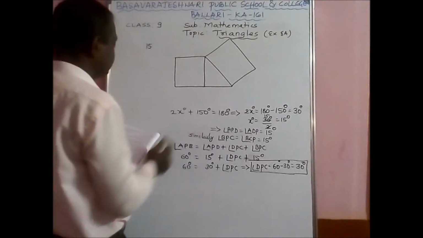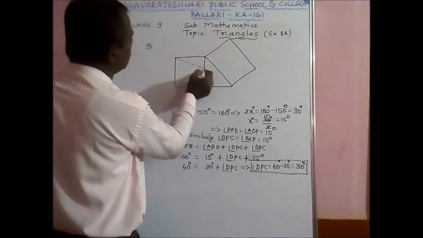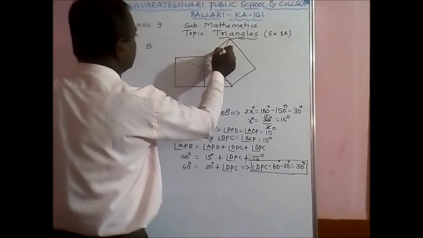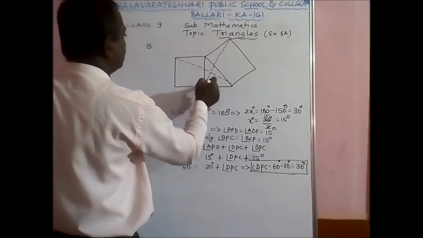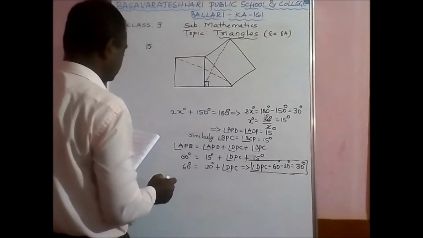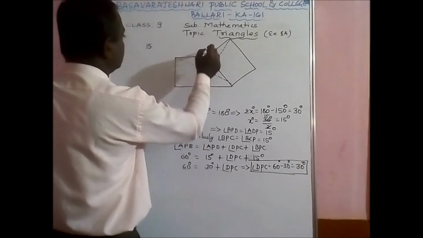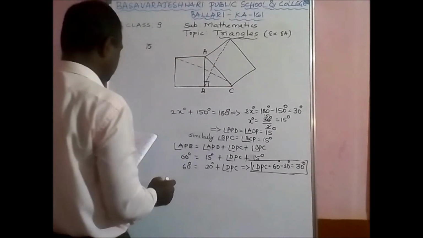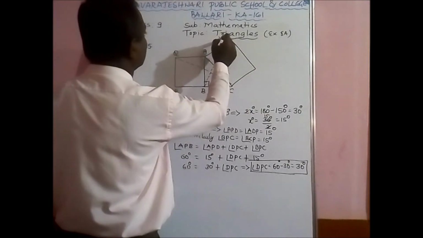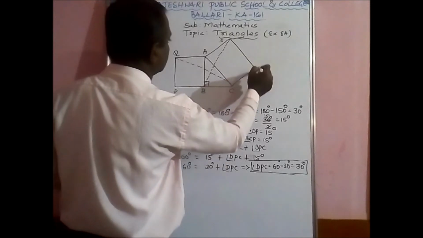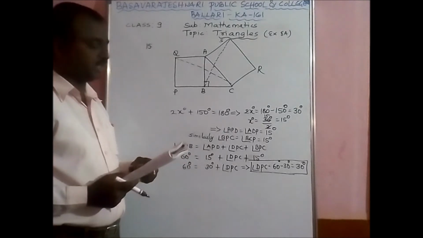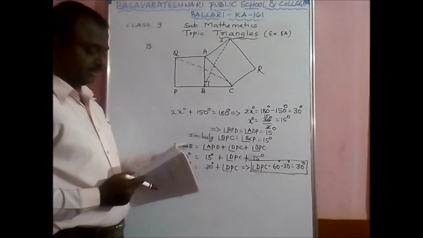Those are also squares. So in this figure, in triangle ABC, angle B is equal to 90 degrees, they have mentioned here.